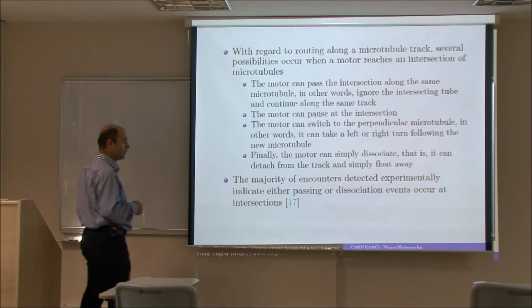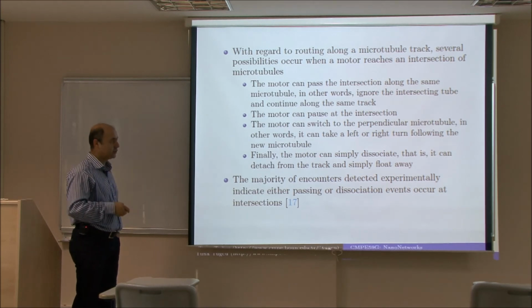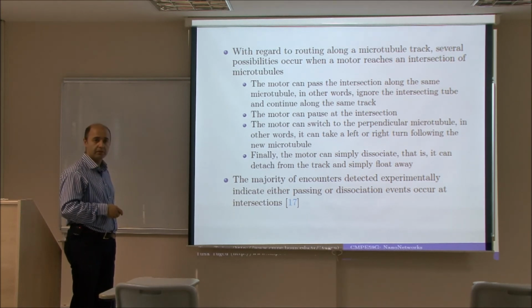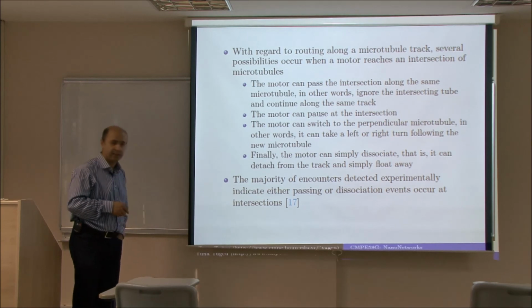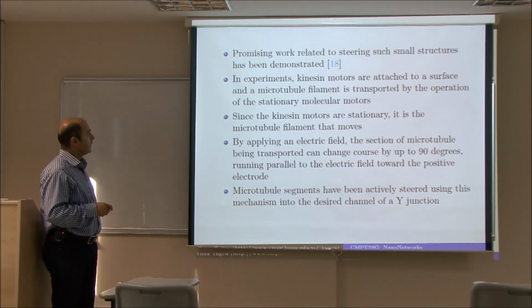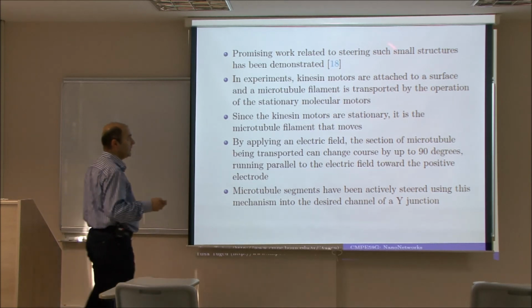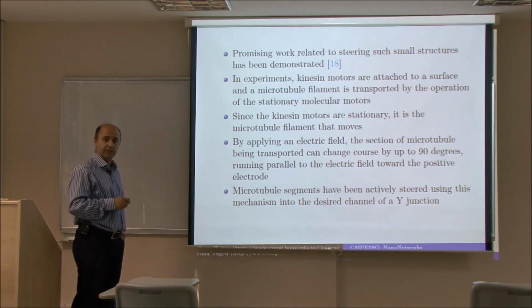Some work also has been done on steering such small structures, making them move in the way you wish. In the experiments, kinesin motors are attached to a surface, and a microtubule filament is transported by the operation of the stationary molecular motors. Now, what does that mean?